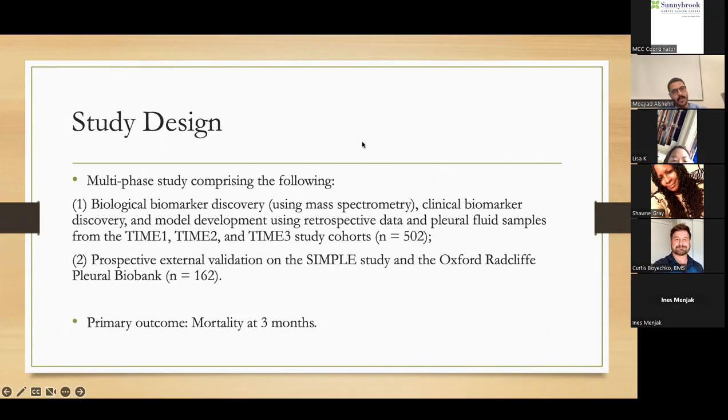The study design was a multi-phase study comprising biological biomarker discovery using mass spectrometry, clinical biomarker discovery and model development using retrospective data and pleural fluid samples from the TIME1, TIME2, TIME3 study cohorts, and prospective external validation on the SIMBL study and the Oxford Radcliffe Pleural Biobank. The primary outcome is mortality at 3 months.